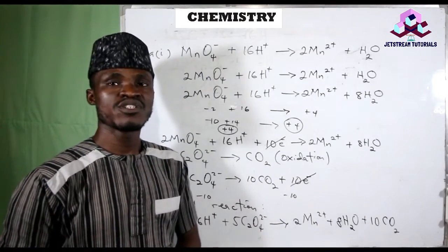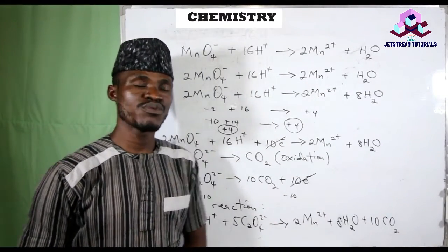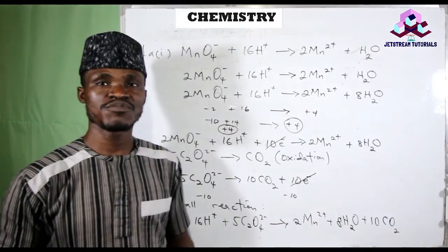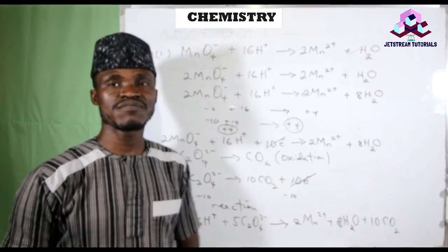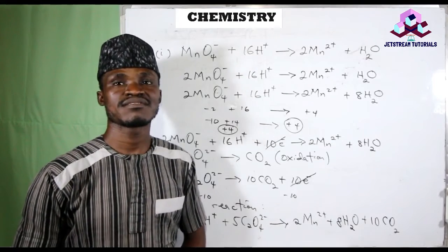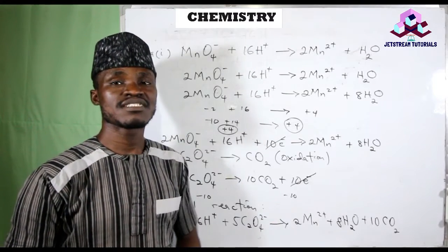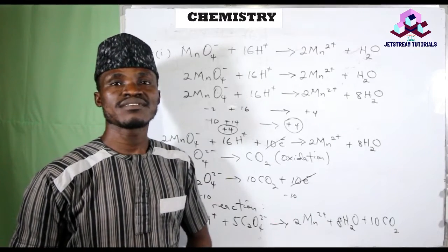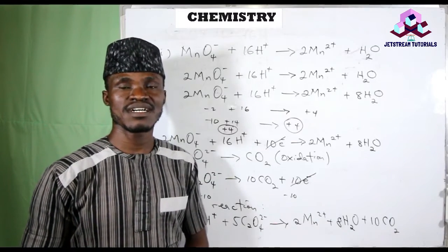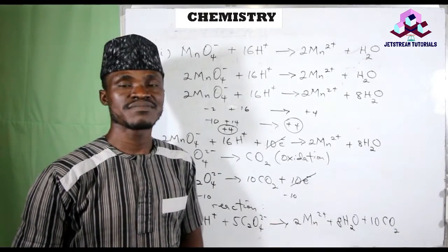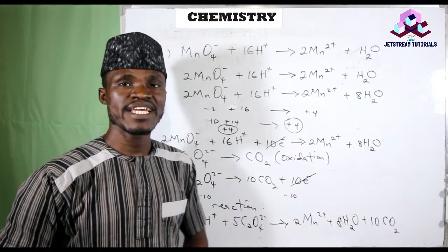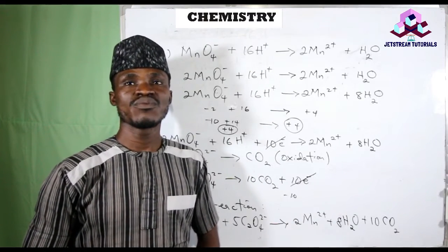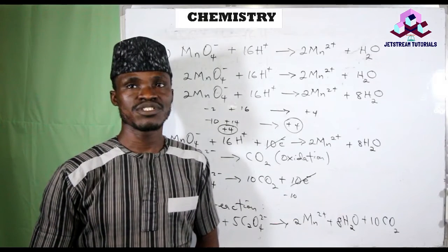Are we together? So going to question Roman 2, which says which of the species is reduced and which of the species is oxidized. The species that is reduced is the permanganate ion, while the species that is oxidized is the oxalate ion. Remember, permanganate ion is a strong oxidizing agent which can undergo reduction.